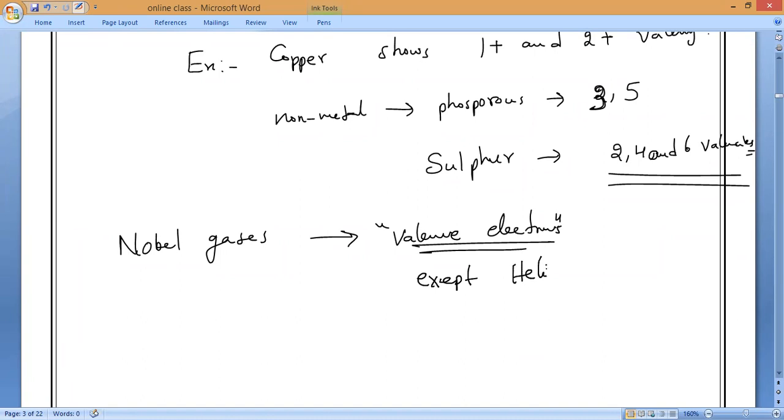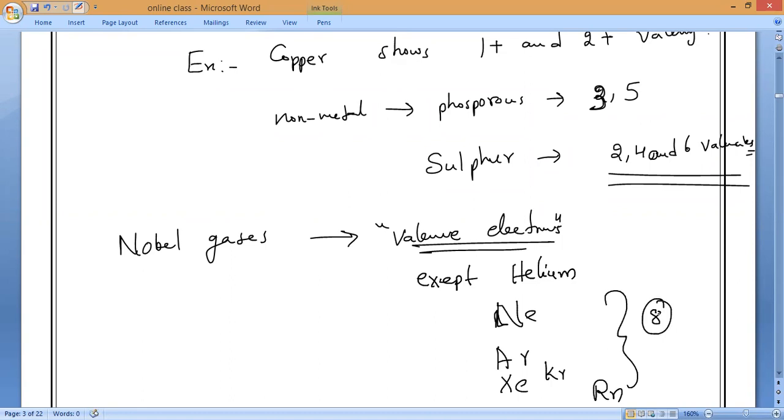Except helium. Remaining all: neon, argon, krypton, xenon, radon, everything has 8 electrons in its valence cell. Helium alone has how many? 2, and it has only one shell, that is the K shell. That is why it is stable in nature. Yes or no, guys?